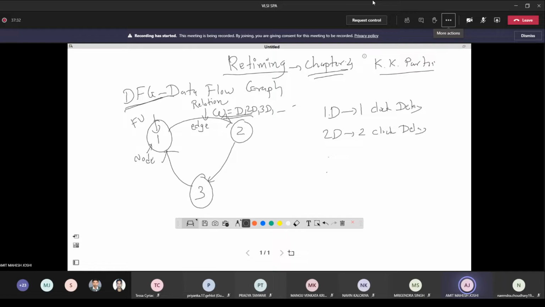Now if no weight is defined, then you need to consider that W is 0D.